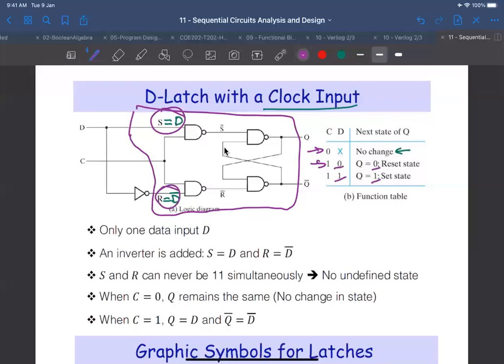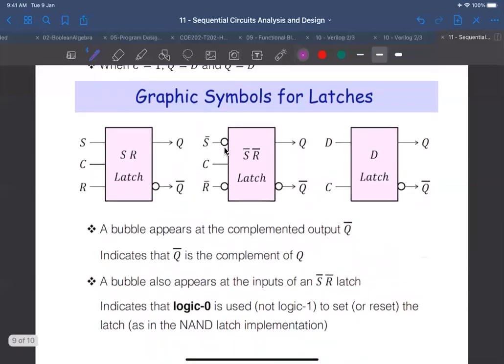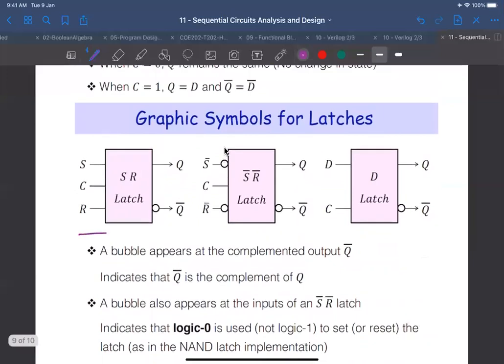And these are the graphic symbols for the latches. This is an SR latch. It has 3 inputs, S, C, and R. Notice the bubble here, which is preceding the Q complement. And we have S complement, R complement, and there are bubbles here. And this is C, and then we have an S complement, R complement latch.